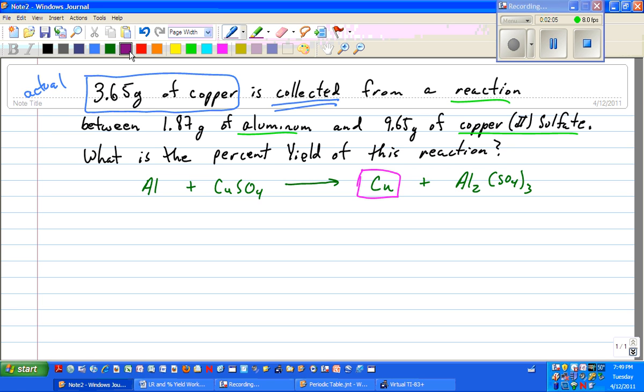Since I've got two givens, this is going to be a limiting reactant type problem. I need to figure out which one of these is going to produce the least amount of copper, and that least amount of copper is going to become my theoretical. So let's get started. I've got 1.87 grams of aluminum and 9.65 grams of copper 2 sulfate.